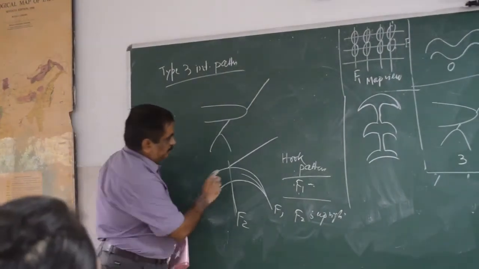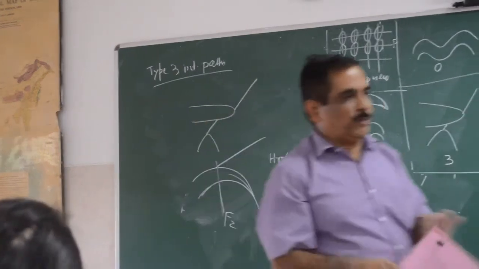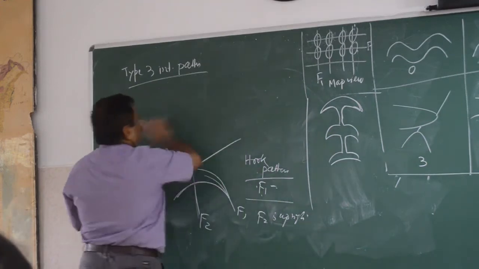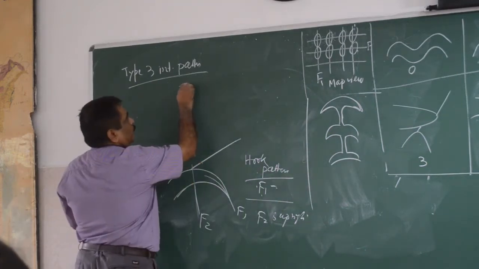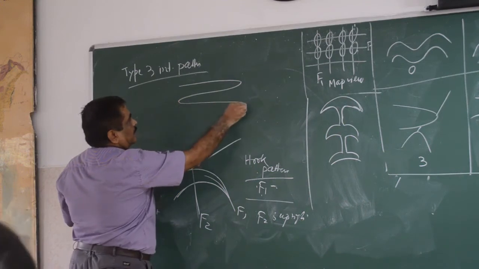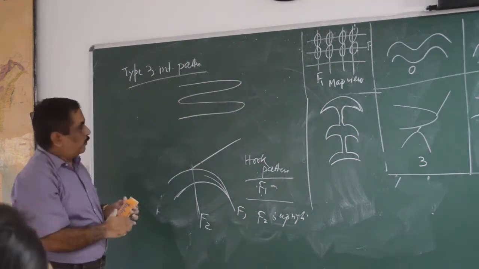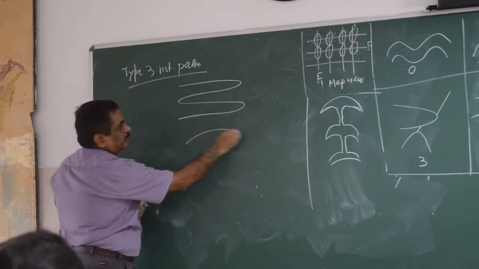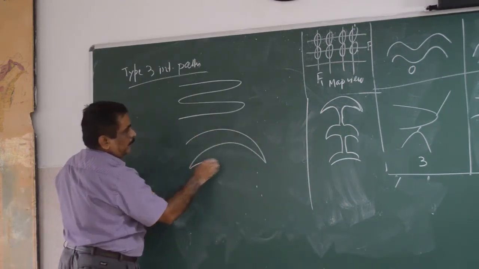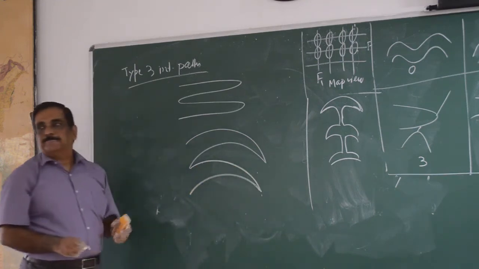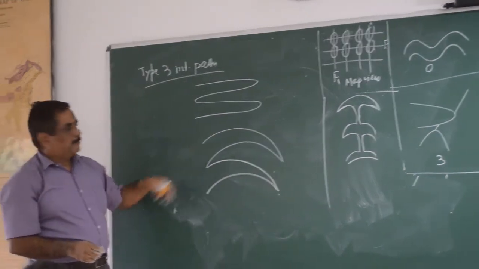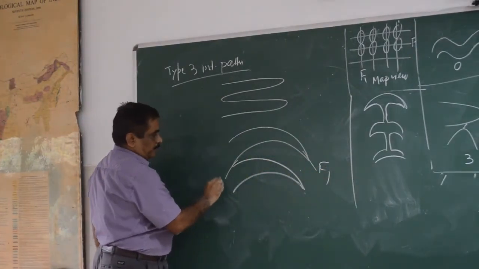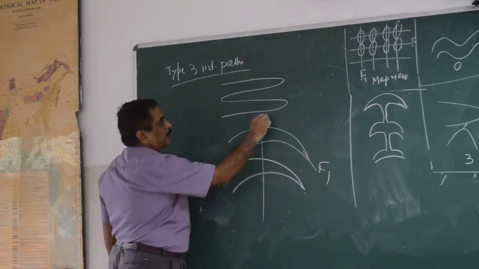So in this case, if you have a series of F1 folds, you see what type of pattern it will produce. Suppose you have a series of folds like this, then it will produce S, S, S. So these are F1, and the vertical one is your F2.